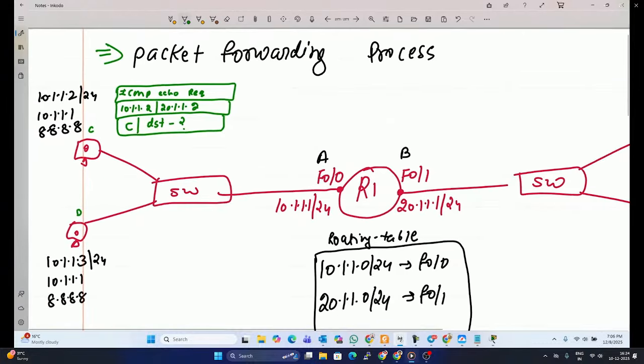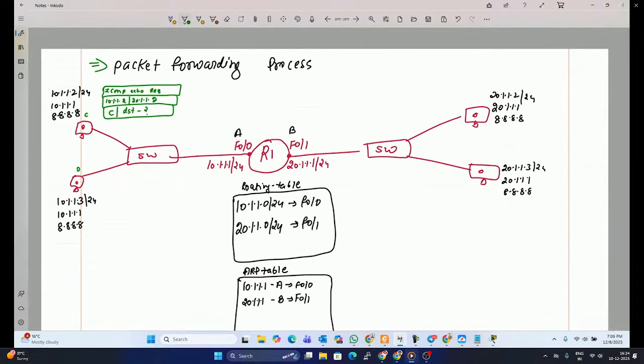So you guys remember the ARP request behavior. There were two behaviors related to the ARP request. Remember?